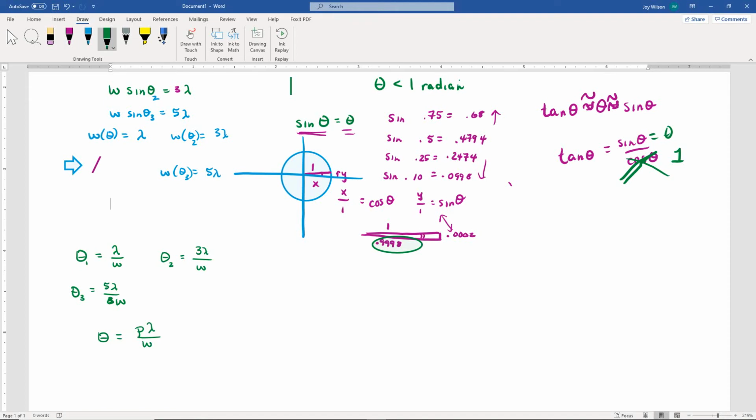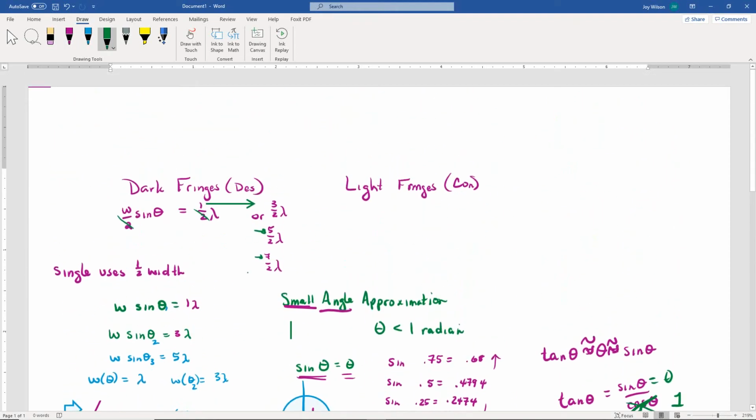Now, the second part is, what if we want to do bright fringes? Well, bright fringe is going to work the same way. Half the slit width times sine theta equals 1 wavelength, or half the slit width times sine theta equals 2 wavelengths. So what we get here is W sine theta equals 2 lambda.